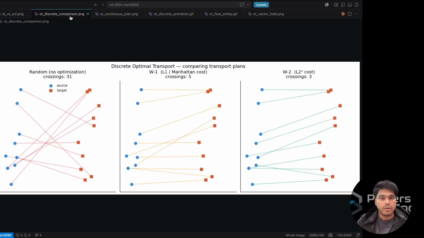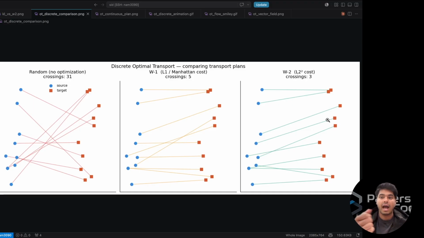Now, when you do a comparison between optimal transports using different costs, you can see that the mapping often tends to become different, where you can see how this one is mapped to this one, but when you use W2 as your cost, it gets mapped to a different target, right?